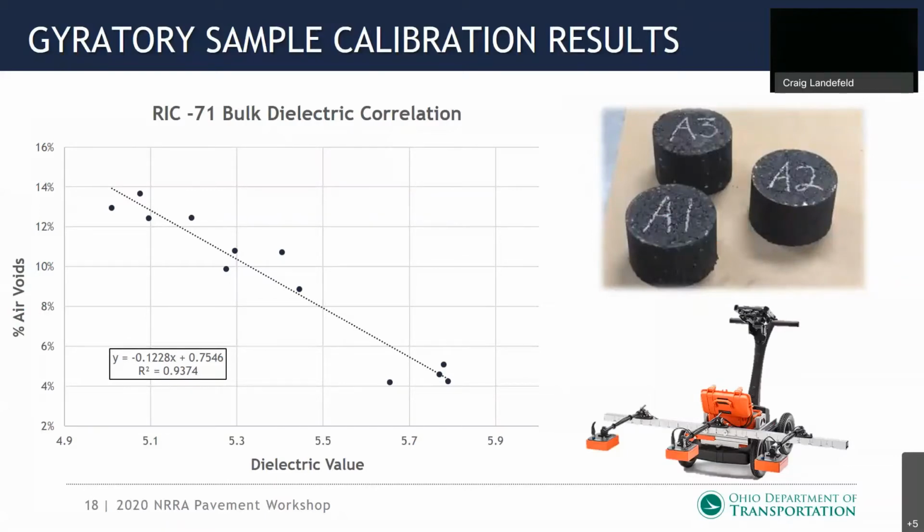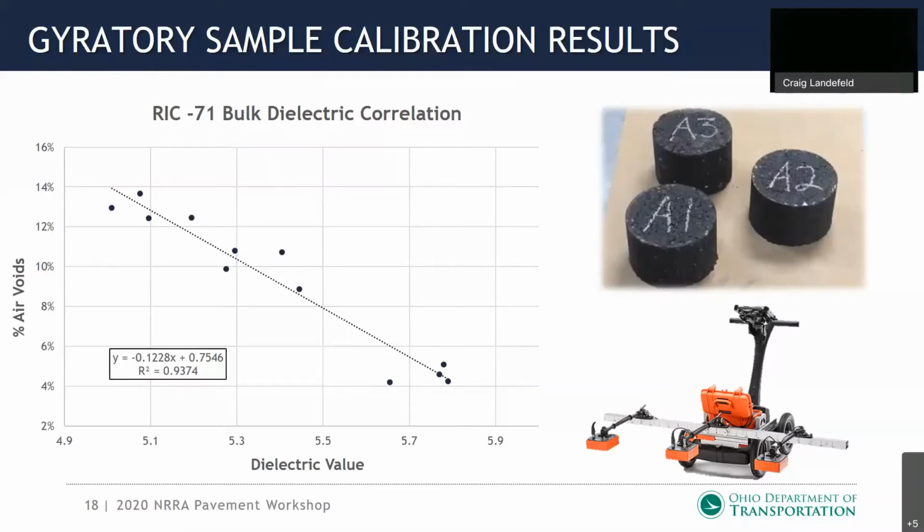And you can see some of the data we've presented here. After we tested the gyratory specimens and ran the dielectric values on them and the bulk specific gravity to calculate the air voids, we found an R-squared correlation of 0.9374. So we got a really good fit on the R-squared values. We're still investigating some of the data.